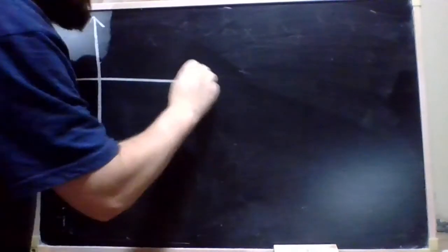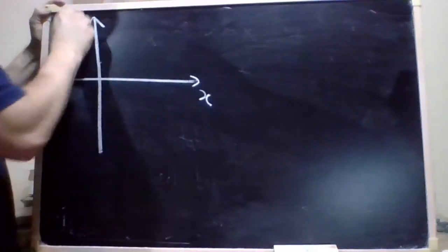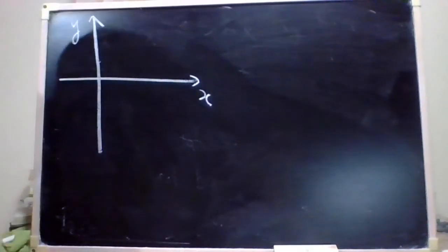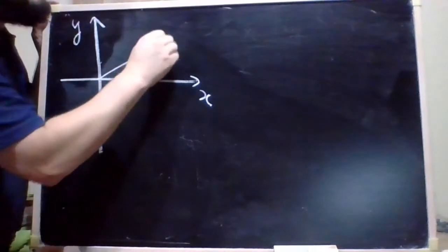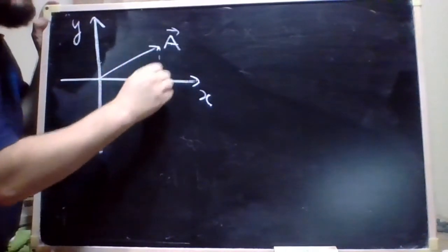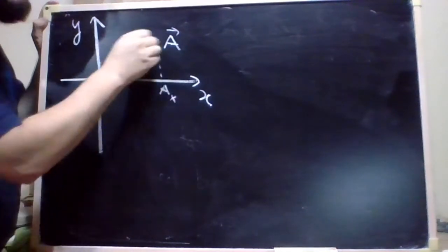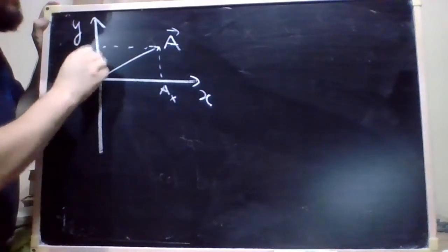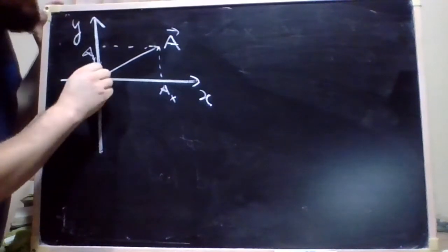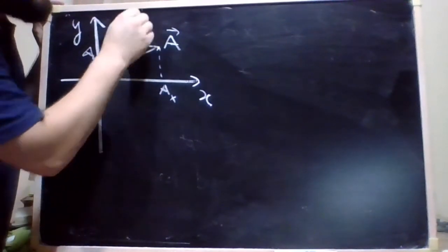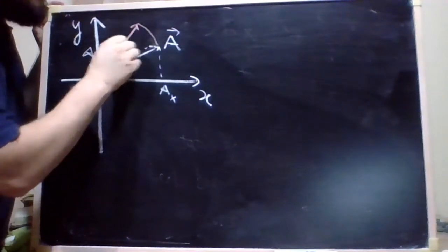Consider, and you can find it elsewhere, a coordinate system, x and y, and you have a vector here, a vector A. It has components a of x, a of y, and now you want to rotate this vector by an angle of theta here, right?